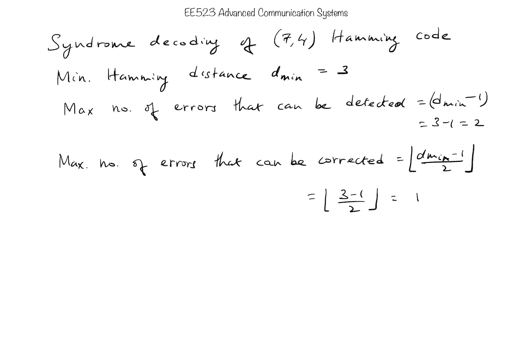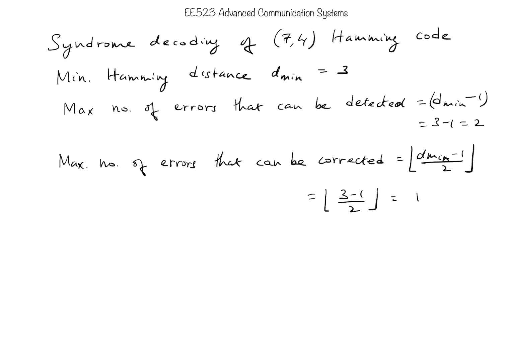Out of the 7 bits, if there is only one error, it can be detected as well as corrected. If there are 2 errors, it can be detected but it cannot be corrected. If there are more than 2 errors in the code word, then there is no guarantee that it will be detected either. It may not even get detected that there is an error in the code word.